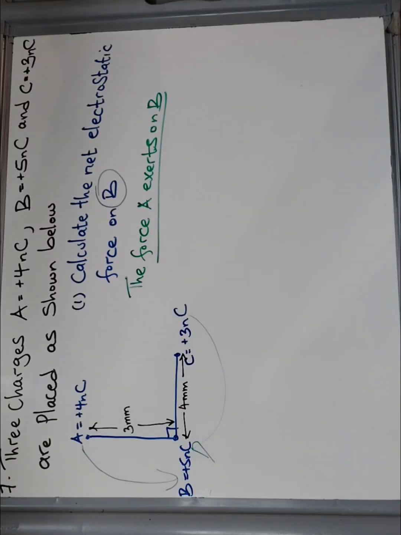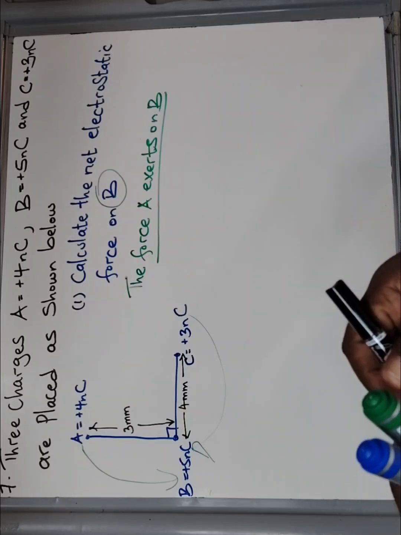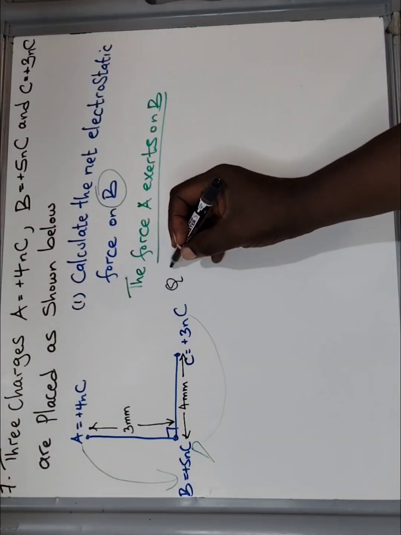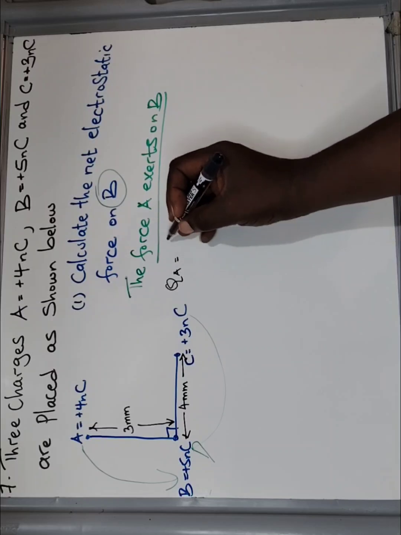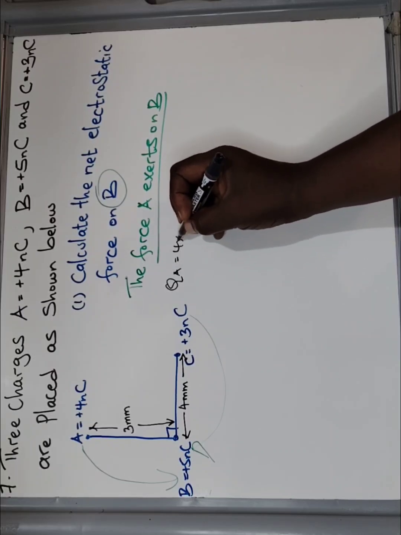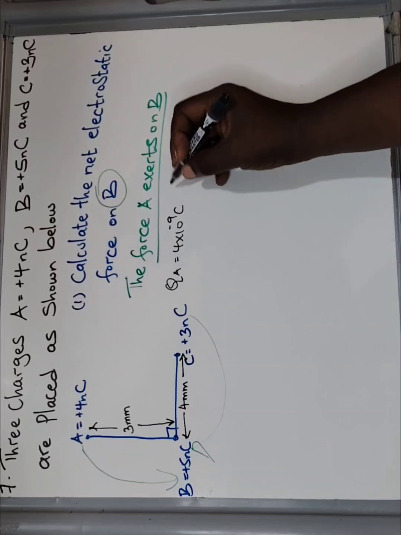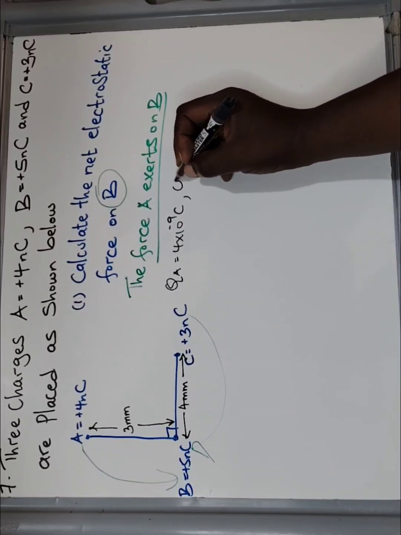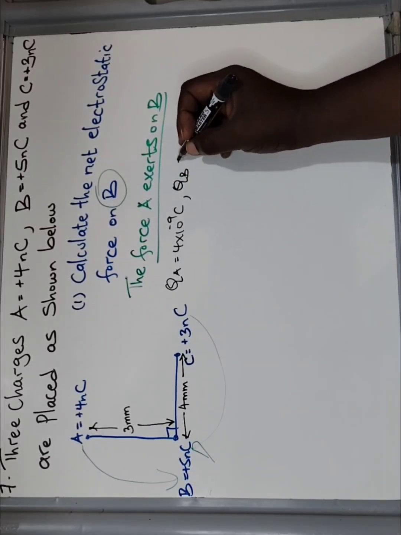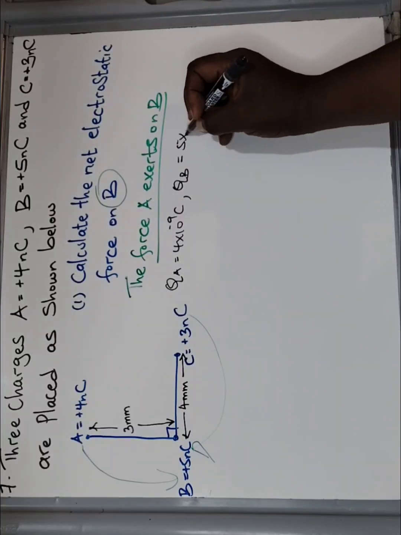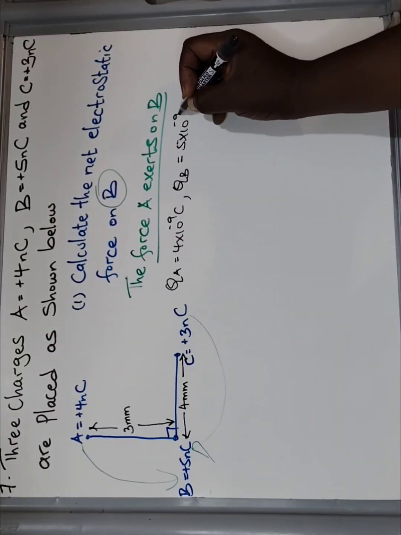We have QA, which is 4 times 10 power minus 9 coulomb. We have QB, which is 5 times 10 power minus 9 coulomb.